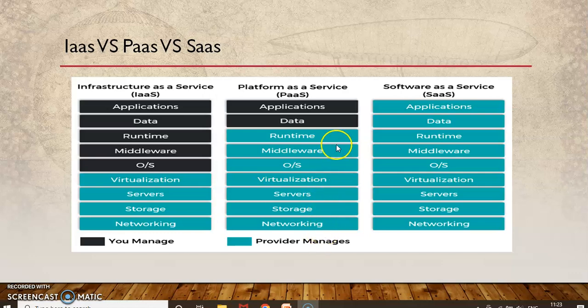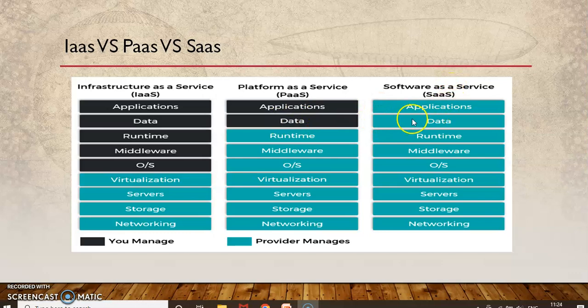The tools part, of course, is provided as part of the platform as a service, tools to develop the application. Once you develop the application, then you have to manage it. That is what it says. So here, in black, you have to manage the application. You are the owner of the data as well.